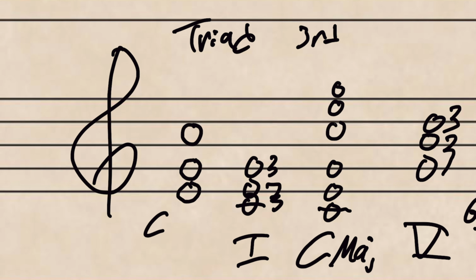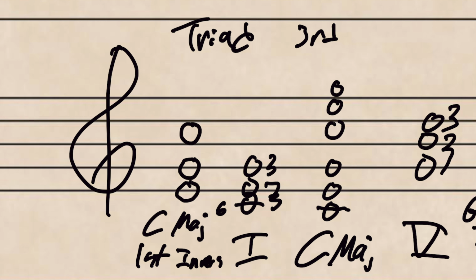This is still called a C major chord, but it is now in first inversion, we say, all right? Or we call that a 6th chord because of this interval of a 6th, right? This distance from here to here is a 6th.